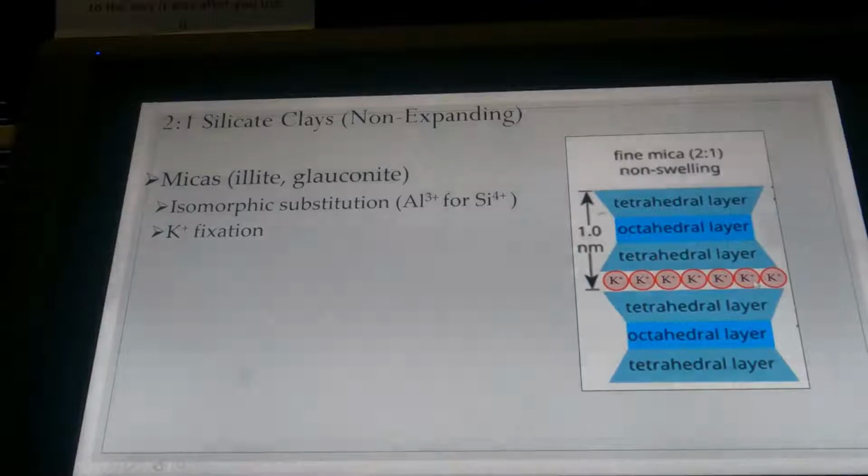When the water leaves, it traps that potassium inside that structure. It's trapped there. It cannot come back out until you wet it again. Then it'll swell, and then you might get some of that release. So micas are known for high potassium fixation.